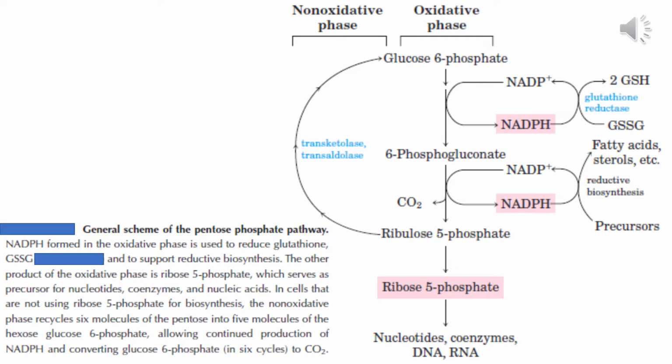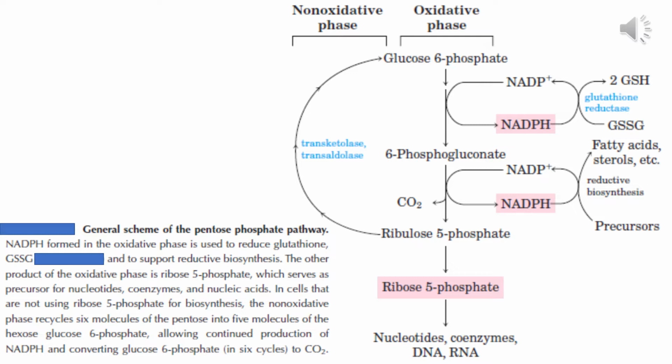During the oxidative phase, NADPH plus H plus is formed during two reactions. These NADPH molecules in turn are used for glutathione reduction and also reductive synthesis of lipids.